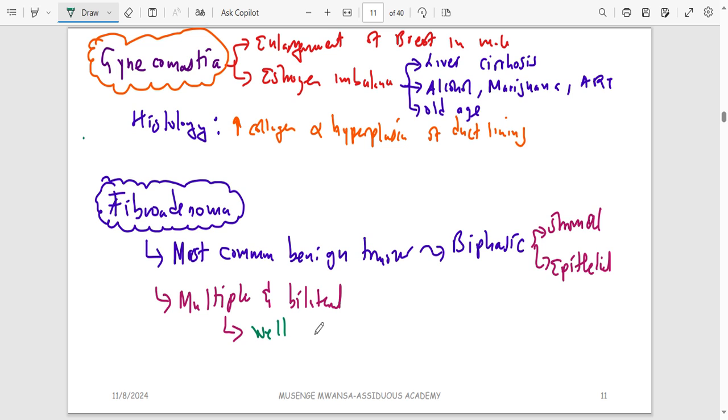Like you can tell their margins. Besides that, it is a grayish white nodule. Okay, that will be the appearance.